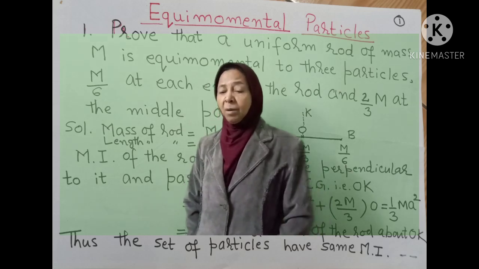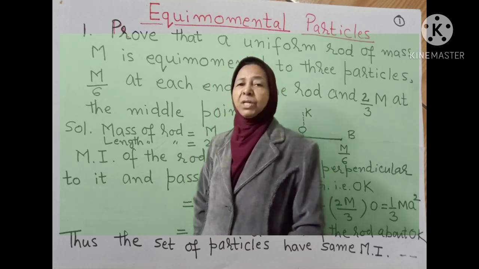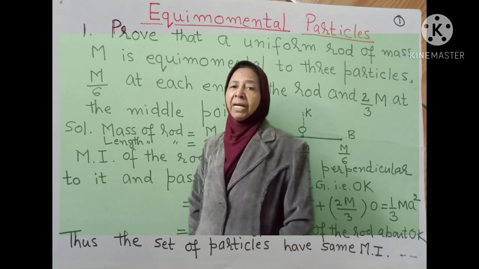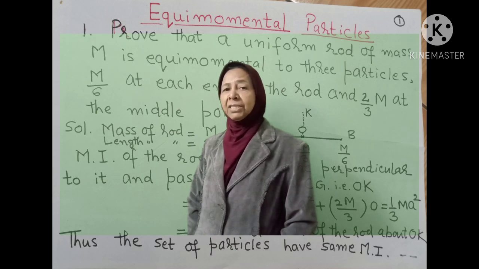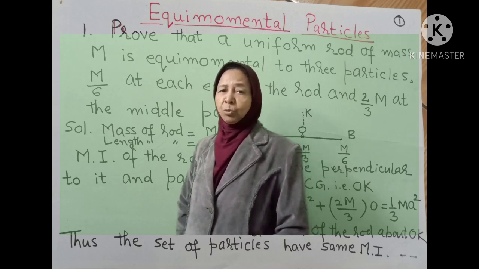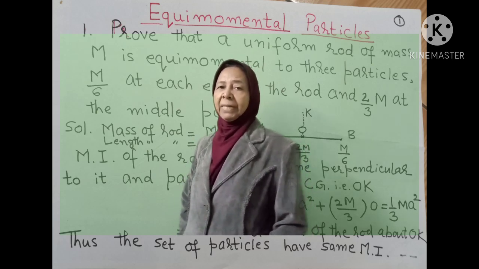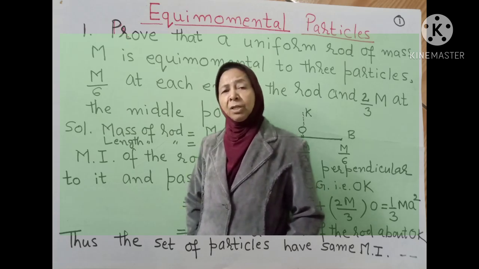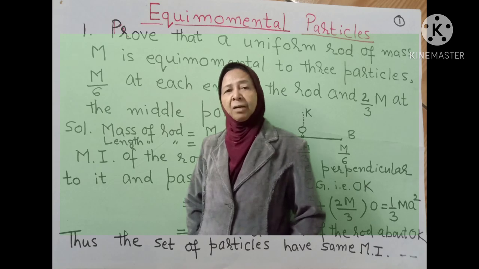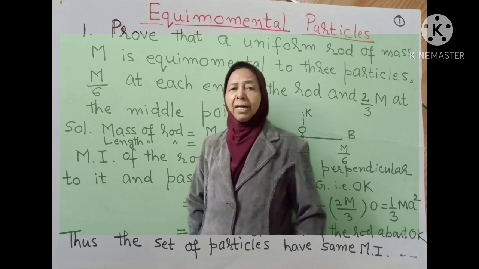So the total moment of inertia comes out to be Ma square divided by 3, and we already know this is the moment of inertia of a rod of length 2a and mass capital M about an axis passing through its center and perpendicular to it, and both are equal.